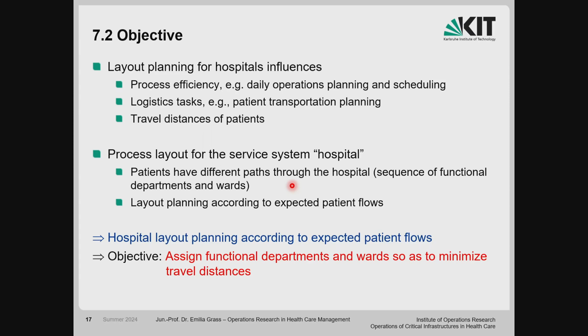So for hospital layout planning, we would like to make it according to the expected patient flows at least, and the objective is to assign functional departments, oncology, radiology, and so on, to minimize the travel distances, because we assume that this also has a direct impact on patient quality, or service quality, let's say.